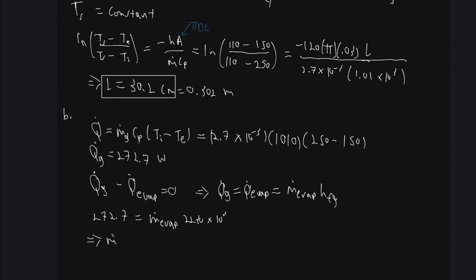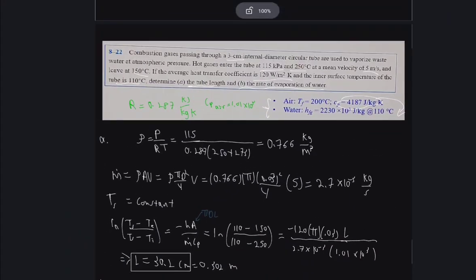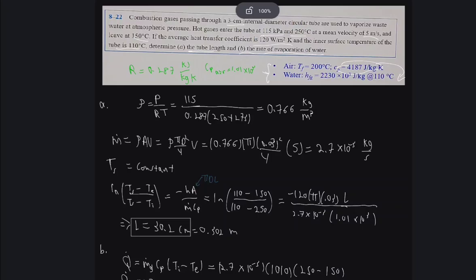We get m dot evaporation is equal to 1.23 times 10 to the negative 4. And the units are kilograms per second, because we are looking at mass per time. So that is how we do this combustion question. It's a lot of thermo.